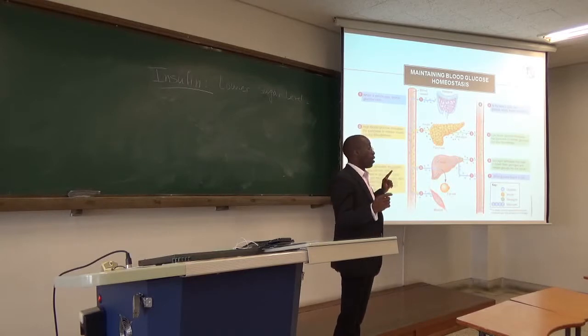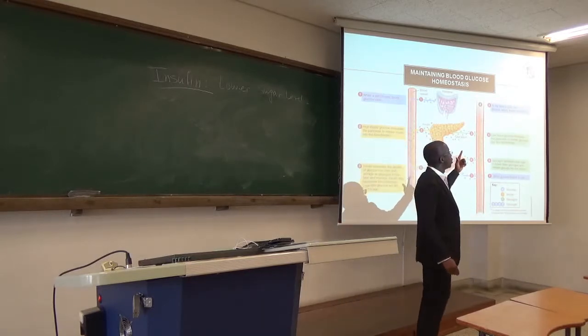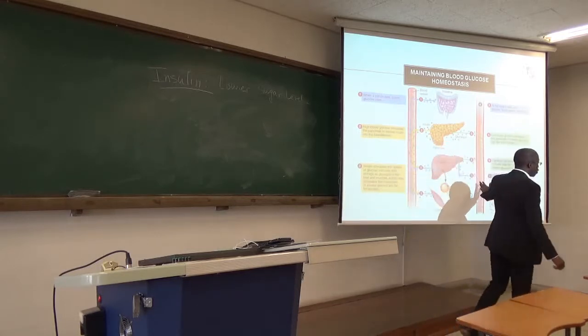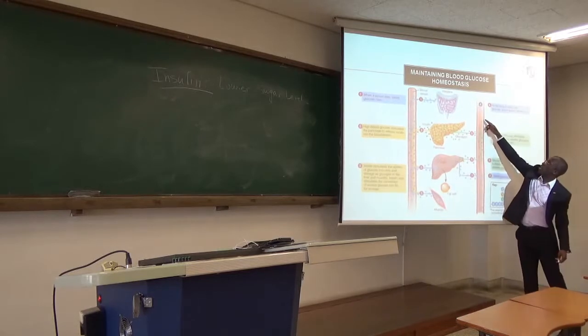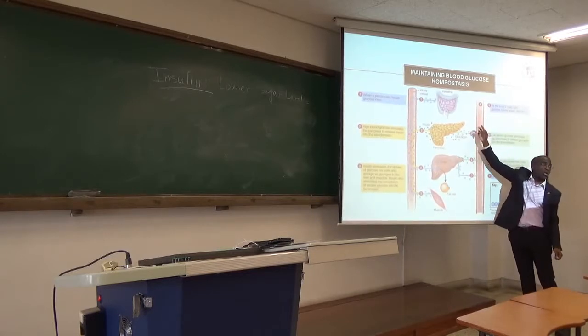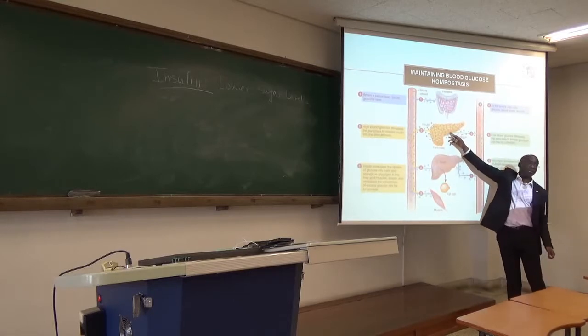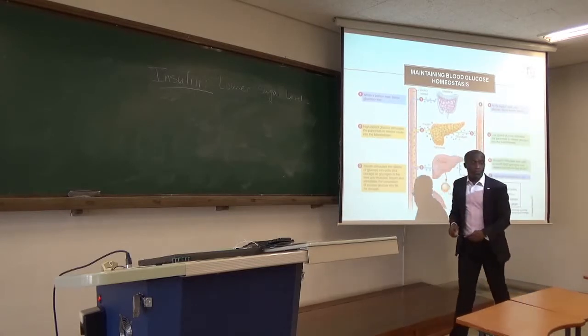Now, if you look at the southern part of the picture, what is happening here? Sugar level is now very low. When sugar level is low, we call our good friend, the pancreas, to release this guy, glucagon.